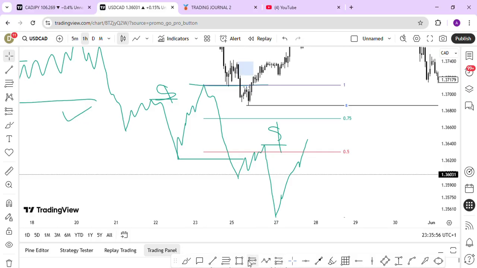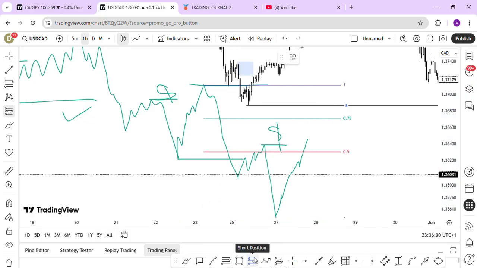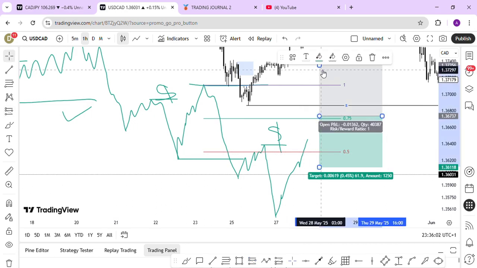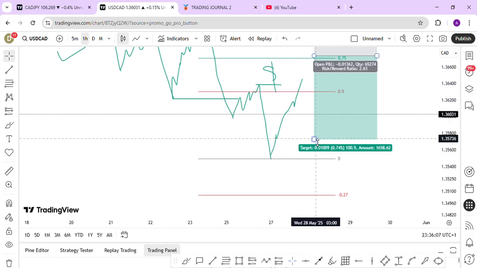Then we put our 75% Fibonacci entry here. Then we target 1 to 3.